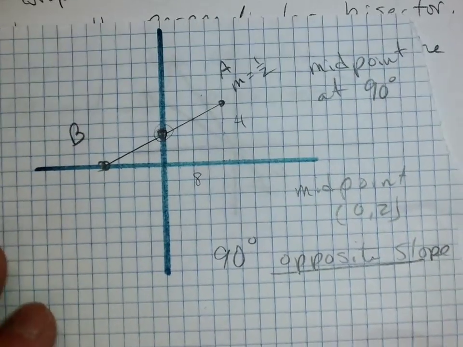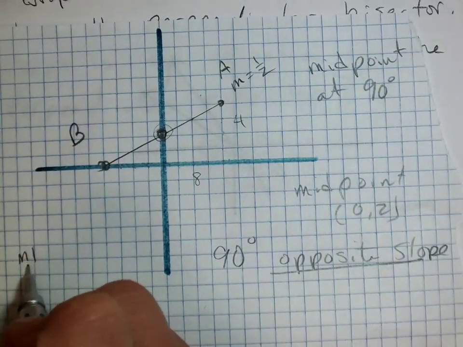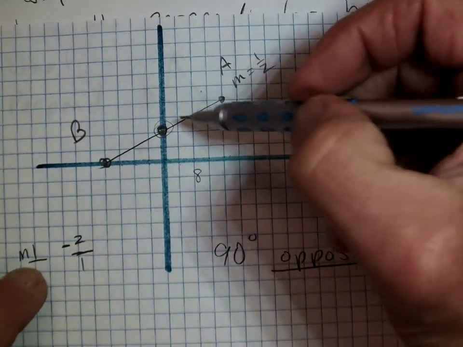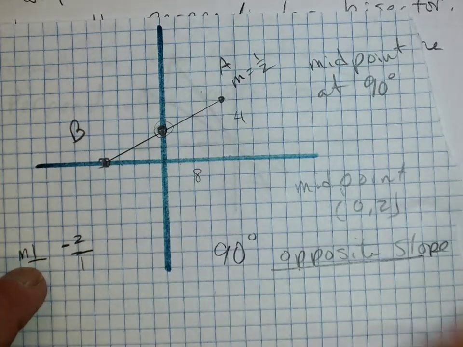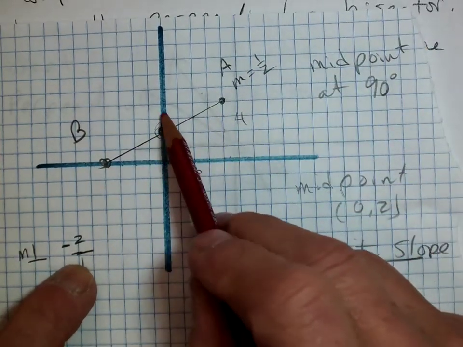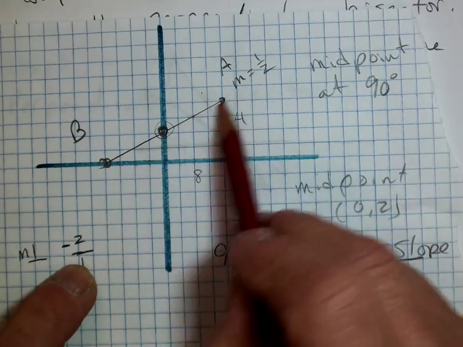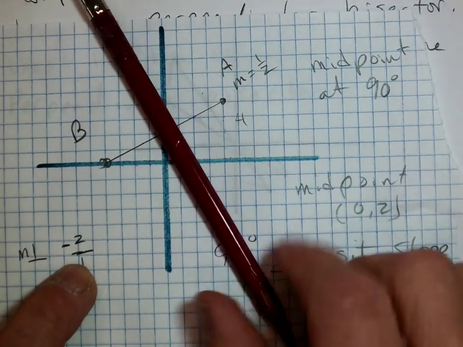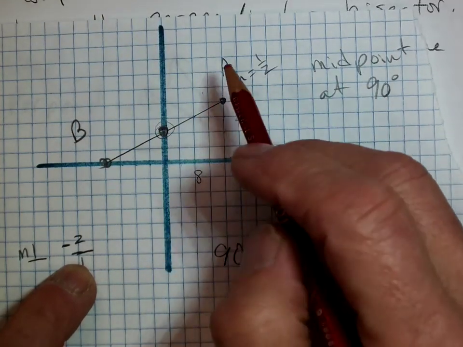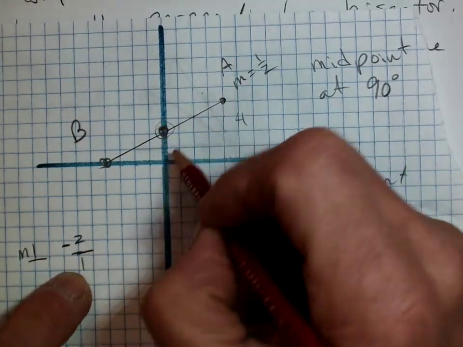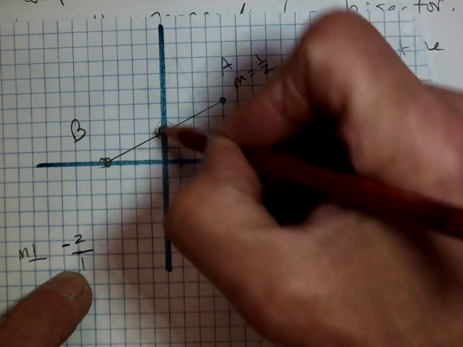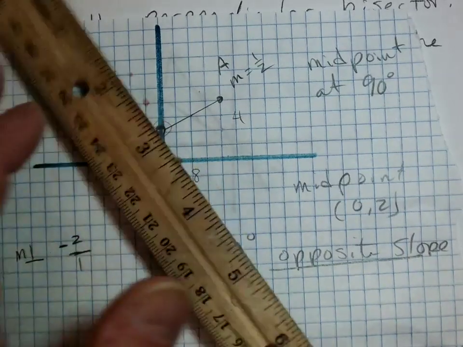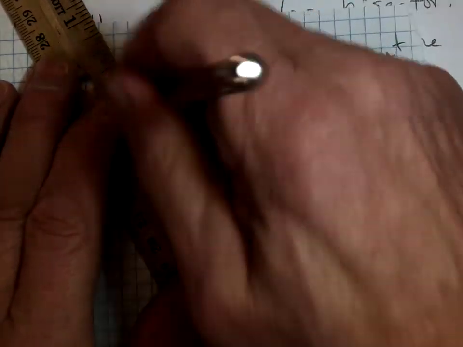So the perpendicular slope has got to be the opposite, which is down 2 over 1. In fact, it kind of makes sense. To make it perpendicular, we're going to have to do the opposite slope. So instead of up 1 over 2, let's do down 2 over 1. Let's check it out. Down 2 over 1, down 2 over 1. That looks 90 degrees, doesn't it? It really does look 90 to me, right?